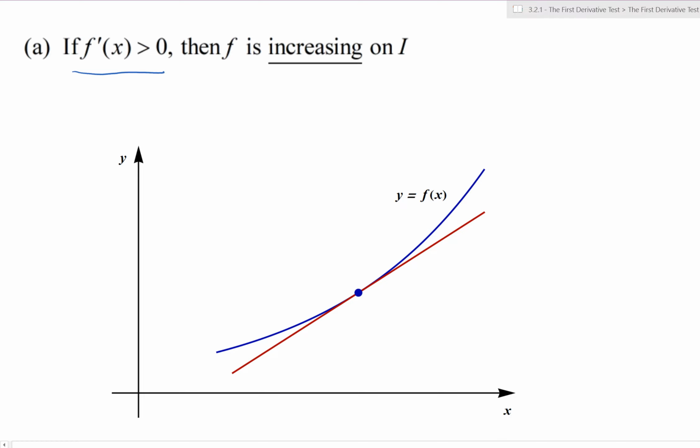A positive slope says that our instantaneous rate of change is also positive, meaning immediately as I move to the right from this point of tangency, I will be increasing in value. So positive derivatives tell us the functions are increasing, and in particular, if we have the conditions that we had in the pictures before this, then this would be happening at all values of x over the interval.